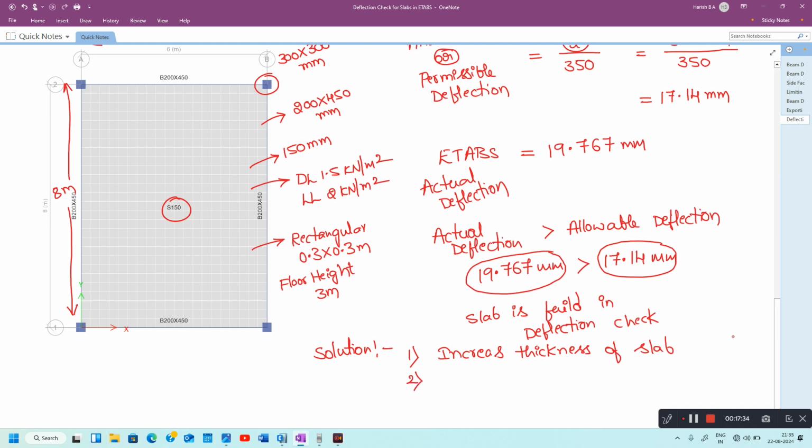Second, increase the number of elements, which means increase the number of beams or columns.